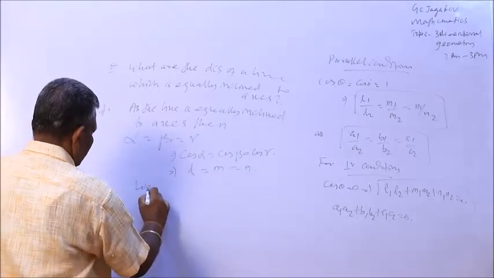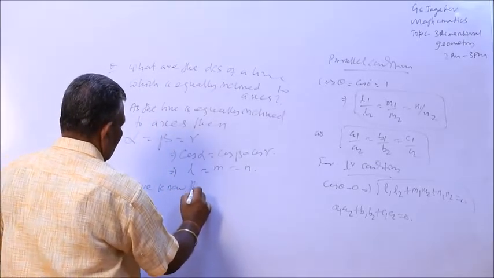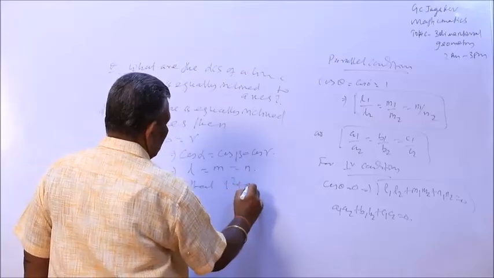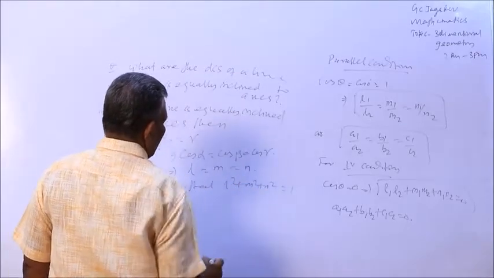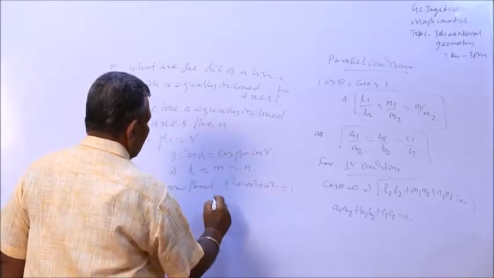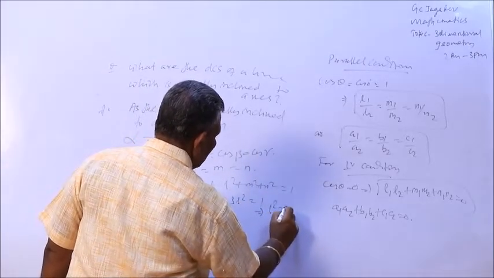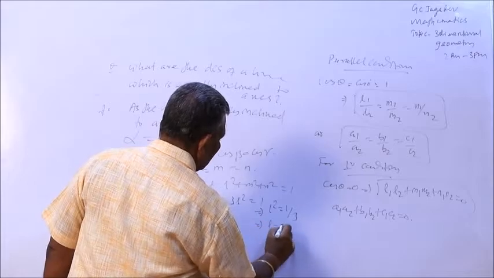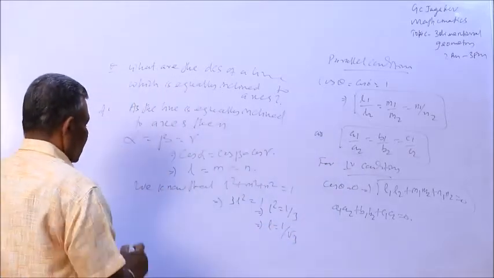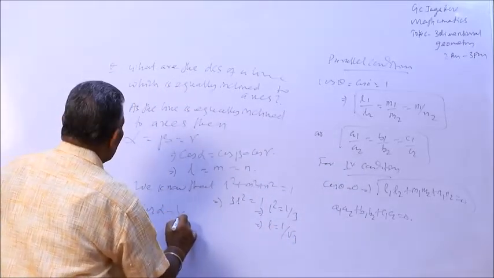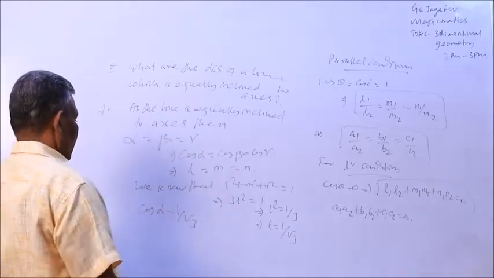We know that L square plus M square plus N square equals 1. Here L equals M equals N means 3L square equals 1, or L square equals 1 by 3, or L equals 1 by root 3. That means cos alpha equals 1 by root 3.